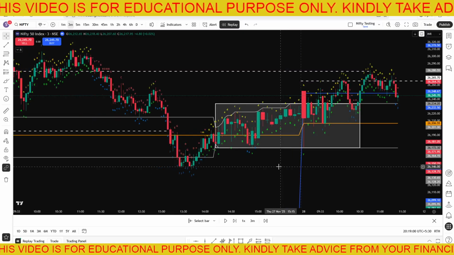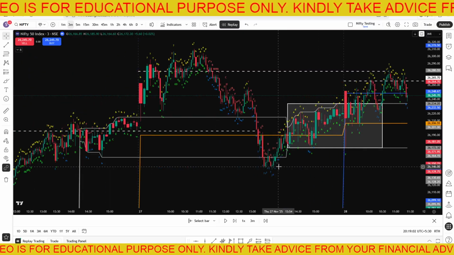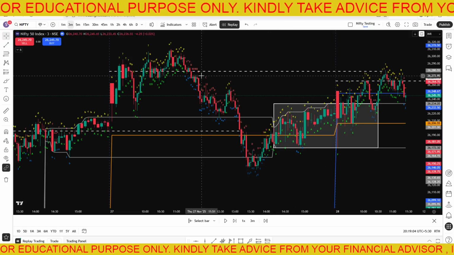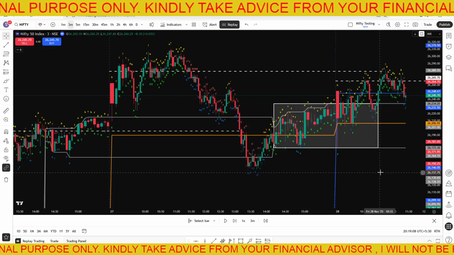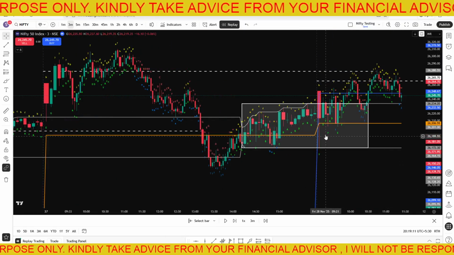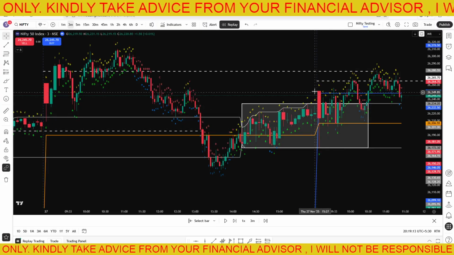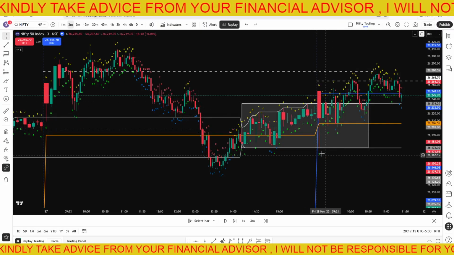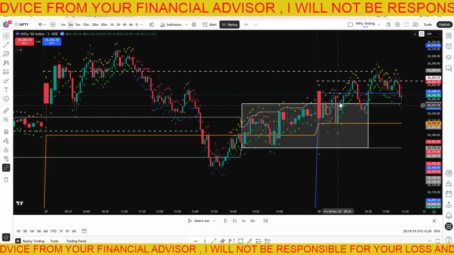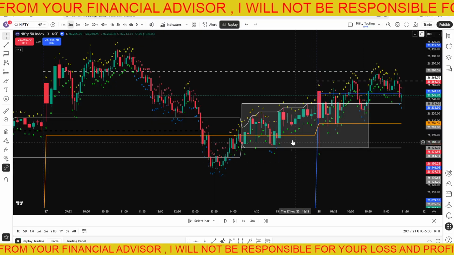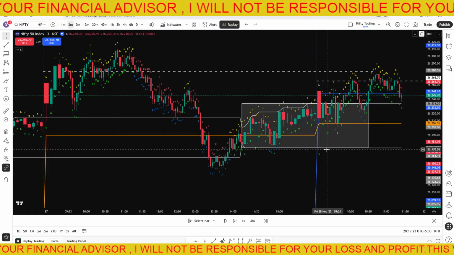Okay, the POC is quite a bit higher this day. Price is closing within this pivot, right?